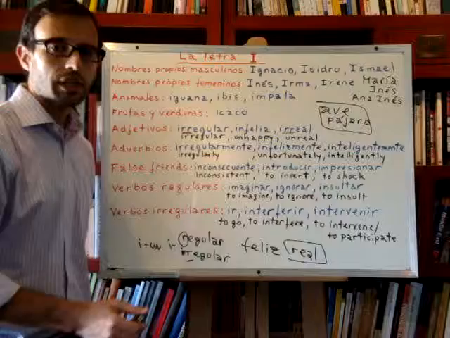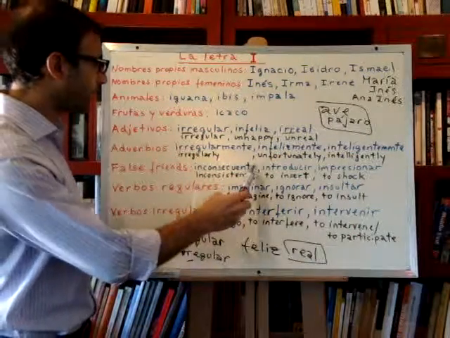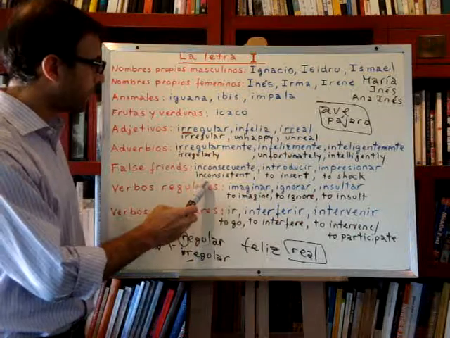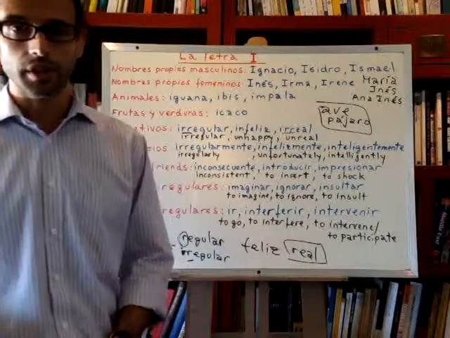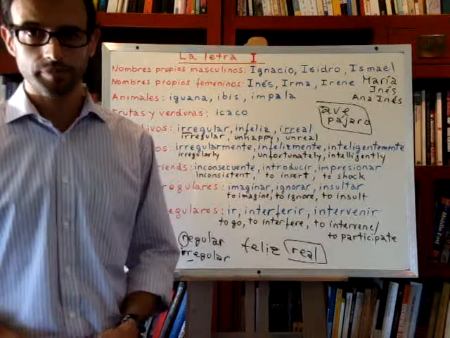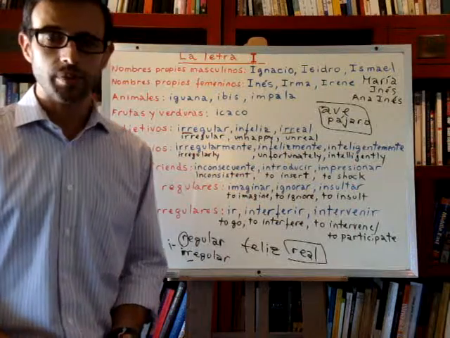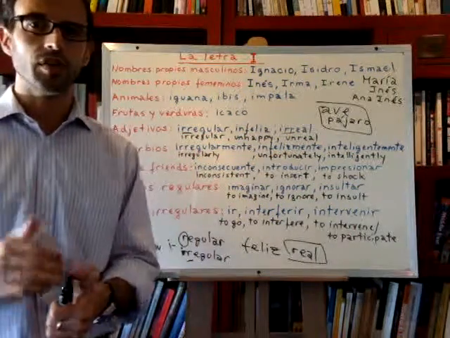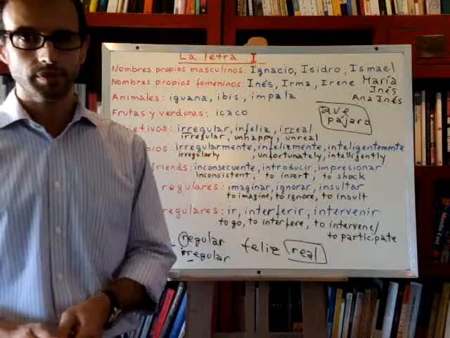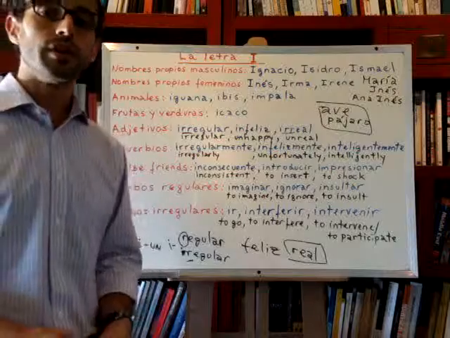It does not mean inconsequential, right? Inconsecuente in Spanish means inconsistent, something or somebody that is inconsistent, right? The English word inconsequential in Spanish means sin importancia, something unimportant, right? In Spanish would be de poca importancia or sin importancia.